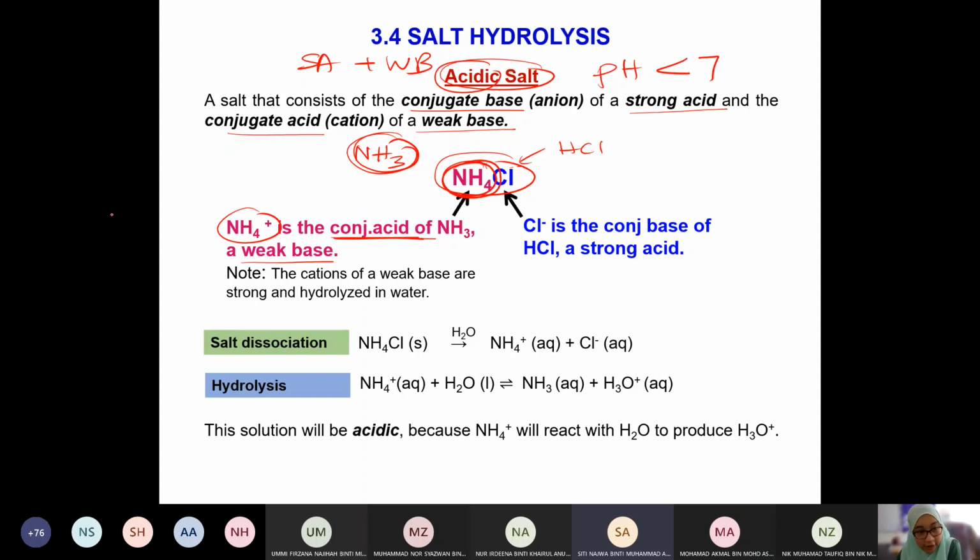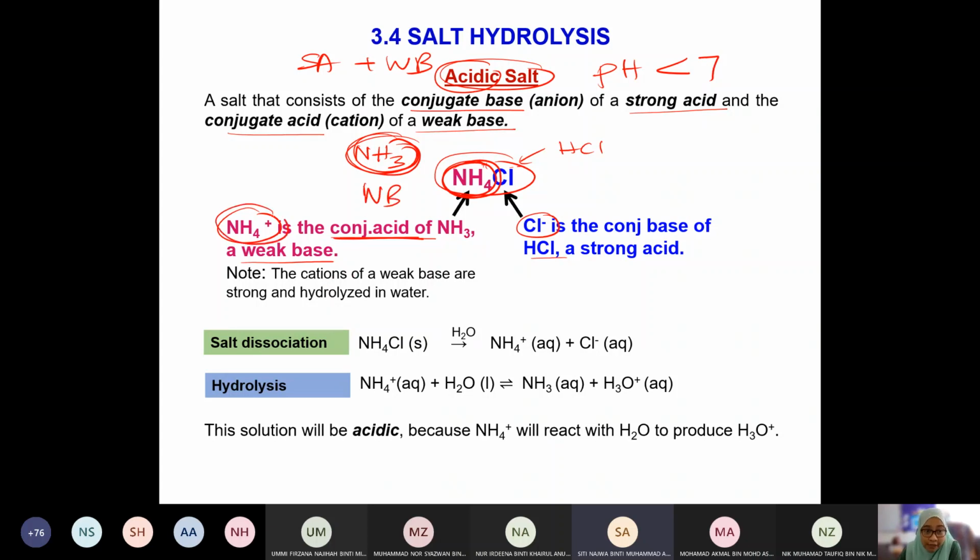Okay, where were we just now? Ni NH4 plus is the conjugate acid of NH3 of a weak base. On the other hand, Cl minus macam tadi is the conjugate base of HCl of a strong acid. Okay. Alright, so the thing about this NH4 plus, dia datang daripada weak base. We know NH3 is a weak base.